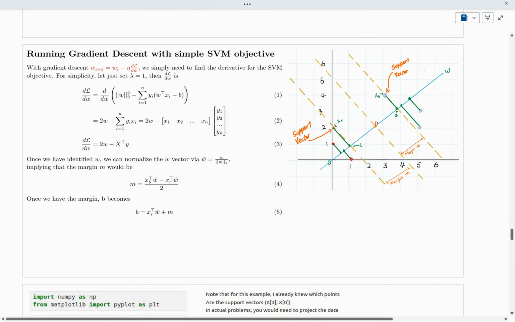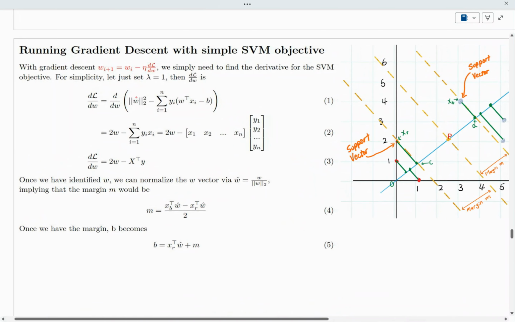So over here is the answer for the derivative. The derivative of the L2 norm squared is just 2w. Hopefully you remember that. And this right here, when you take the derivative, is a constant value. So it's a vector times vector, and the result is just y times x, since w goes away. So this right here is the derivative.